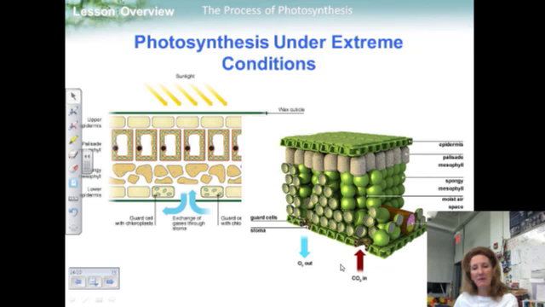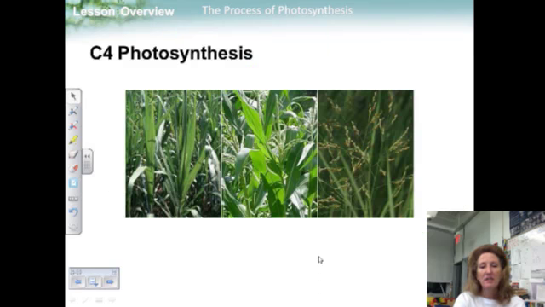C4 and CAM plants have biochemical adaptations that minimize water loss while still allowing photosynthesis to take place even in intense sunlight. So let's look at the C4 plants. These plants have specialized chemical pathways that allow them to capture even very low levels of carbon dioxide and then pass it into the Calvin cycle.